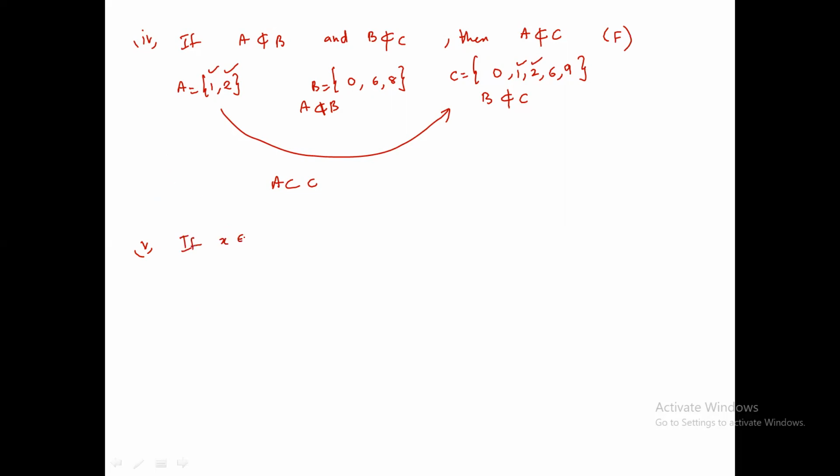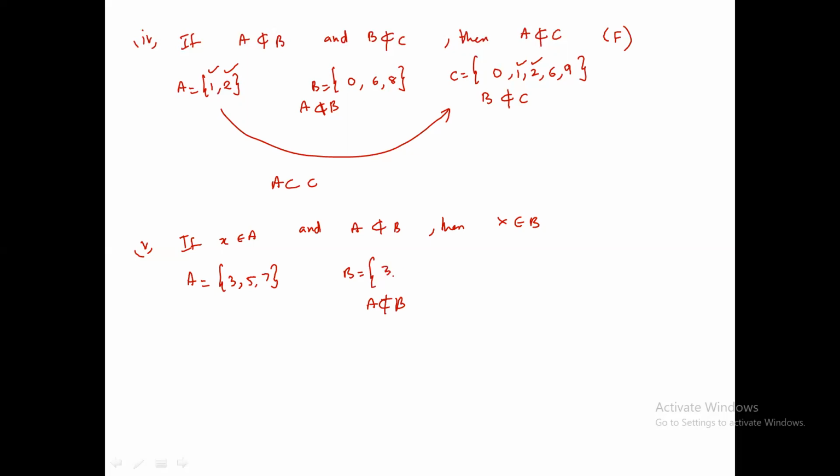If X belongs to A and A is not a subset of B, then X belongs to B. I say this is false. For example, for A I will take 3, 5, 7. Now A is not a subset of B, so when I take B, I should not take all of 3, 5, 7.